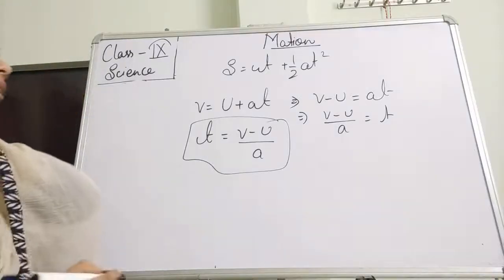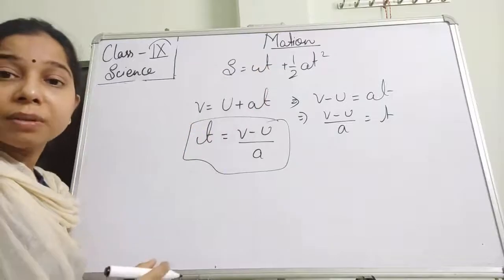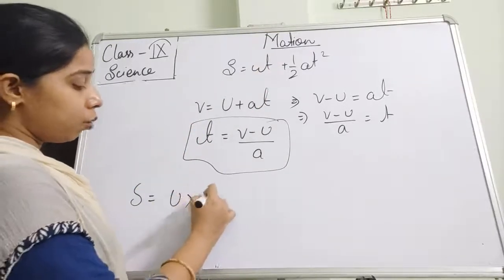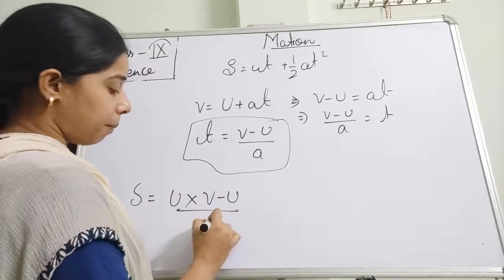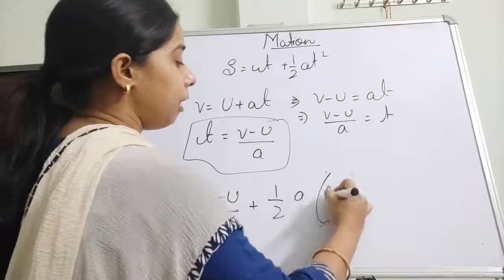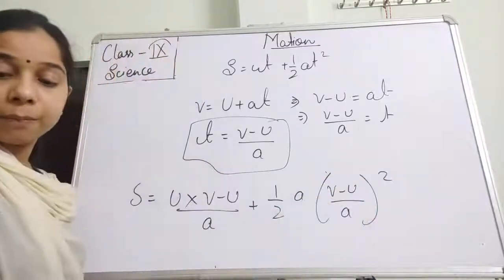Putting the value of t in the second equation, that is s equals ut plus half at square, what will we get, students? u into (v minus u upon a) plus half a into (v minus u upon a) whole square.